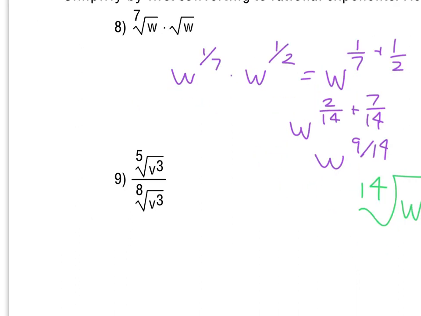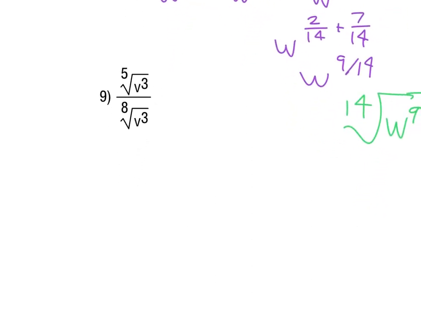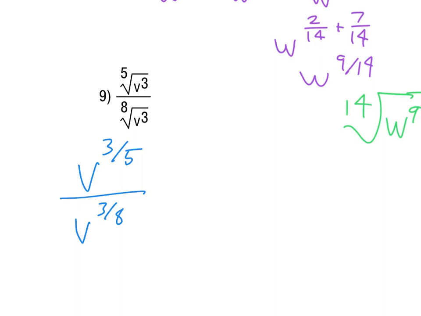So then we'll move on to number 9. Same sort of idea, a little bit different setup, but if we switch to rational exponents again, we would have v to the 3/5 power over v to the 3/8 power. Now, in this case, again, with a quotient of powers, we subtract the exponents.